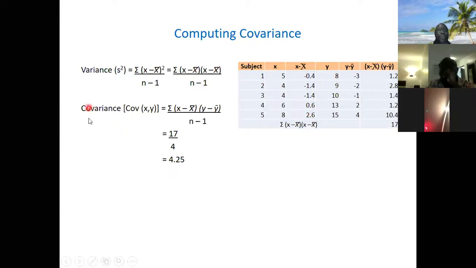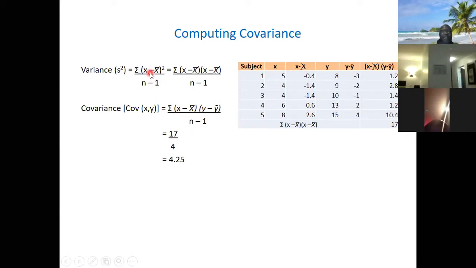But if you want to quantify it mathematically, you know that if you talk about the variance of x, the formula for variance is the summation of (x minus x bar) squared, all over n minus 1. N minus 1 is the degree of freedom.